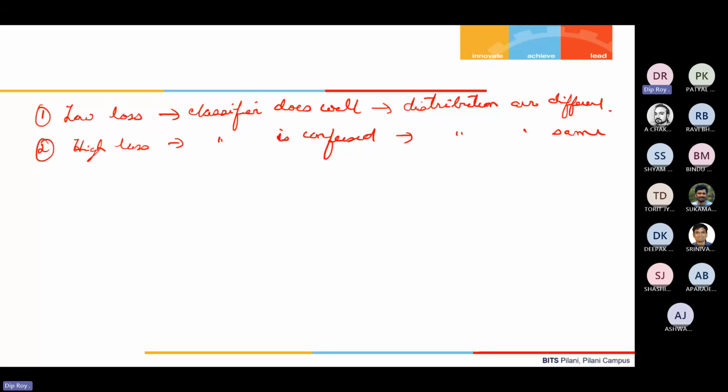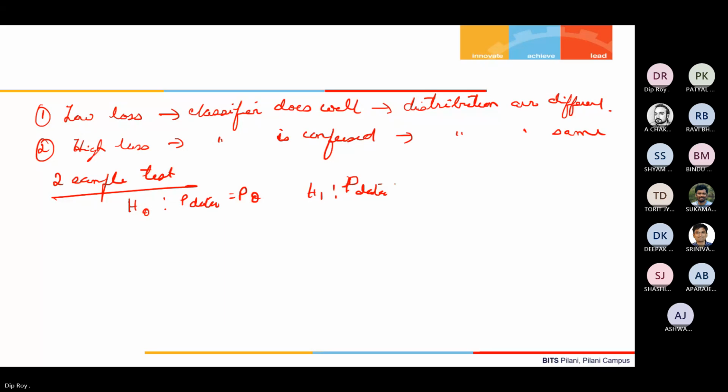Okay, now what are we doing for this? We said that we are going to do a two sample test. The two sample test says that your null hypothesis is p data is equal to p theta, and your alternate hypothesis is p data is not equal to p theta.